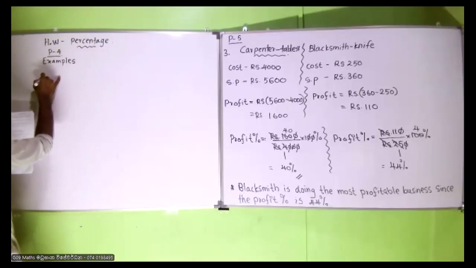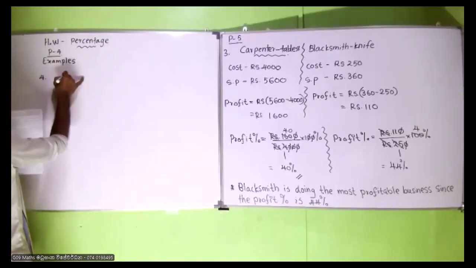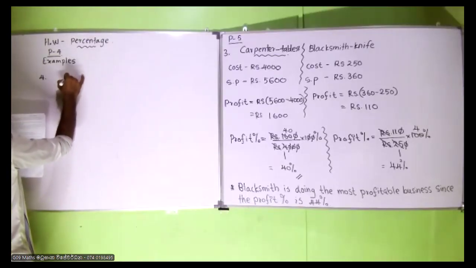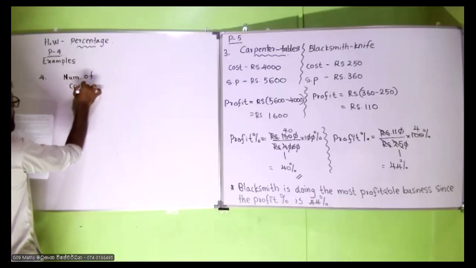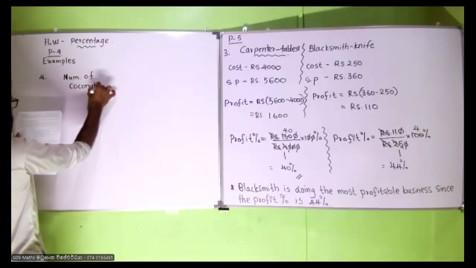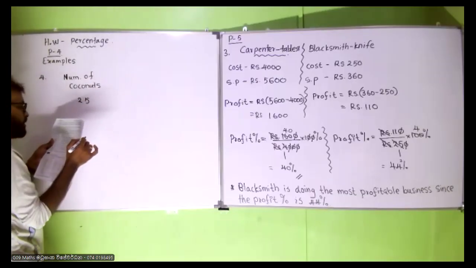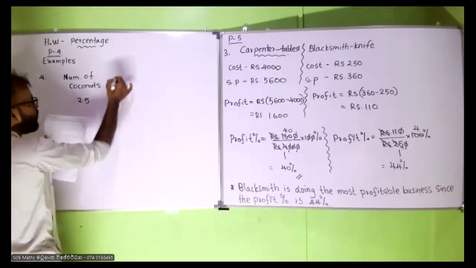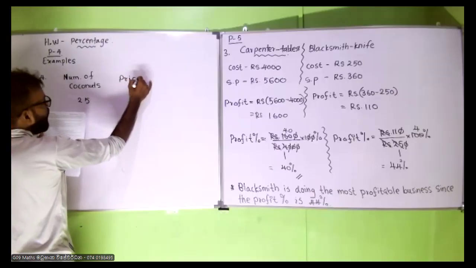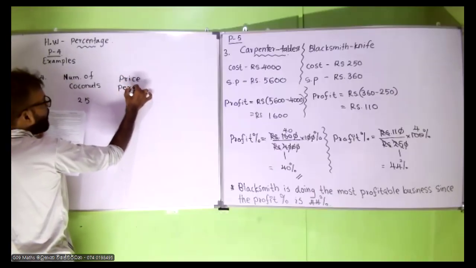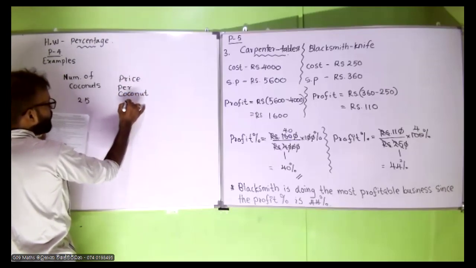Fourth one. A vendor buys a stock of 25 coconuts, at the price of 40 per coconut, right?